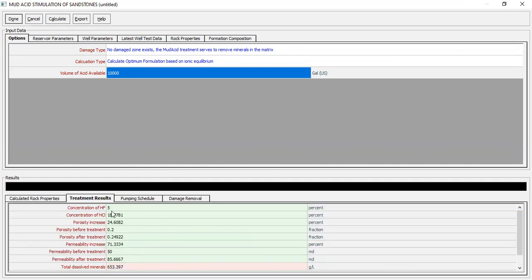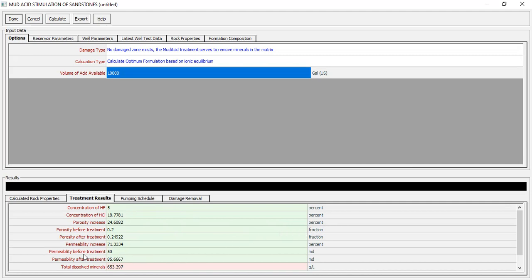The concentration of HF, hydrofluoric acid, recommended is 5%, whereas the HCl percent is almost 19%. Porosity increase, we get this one, almost 25%. Porosity before treatment is 0.2. And after the treatment, we can increase the porosity to approximately 0.25 in fraction, 25%.